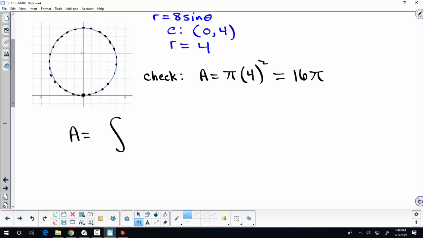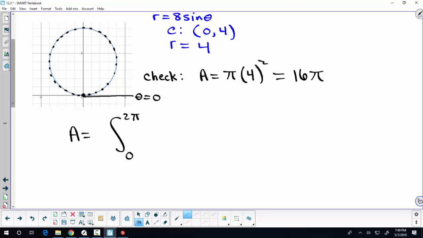So what would our theta values be on the definite integral? Just from 0 to 2 pi, what do y'all think? Or would it just be 0 to pi? Right, so here's a theta value of 0.